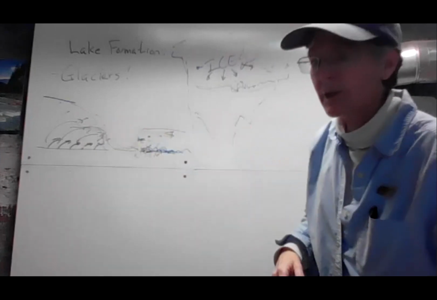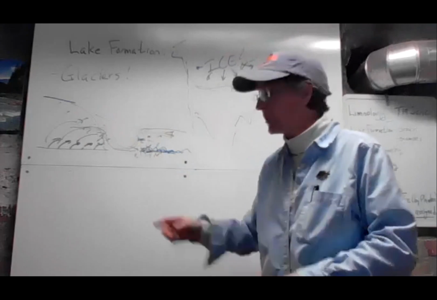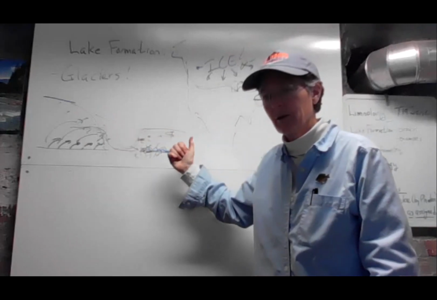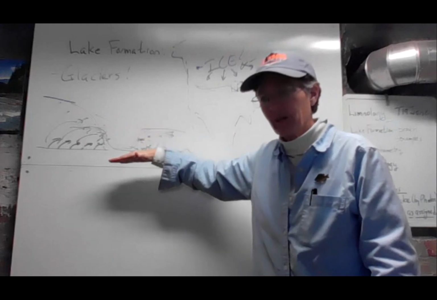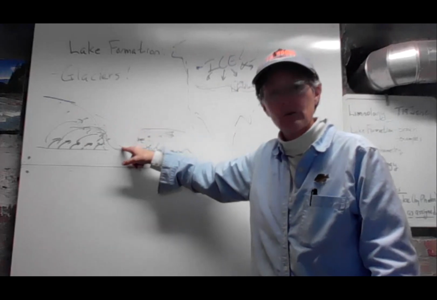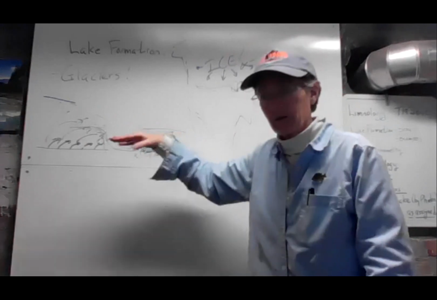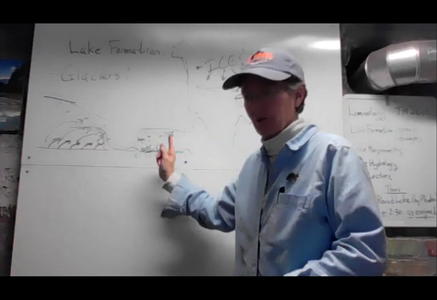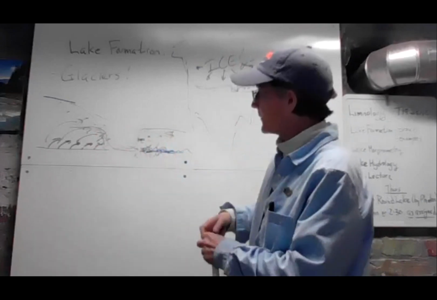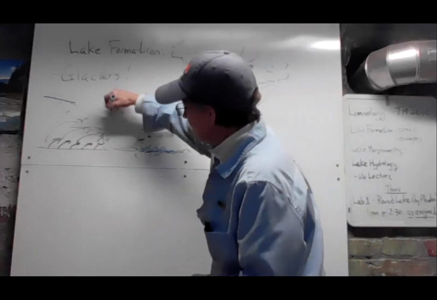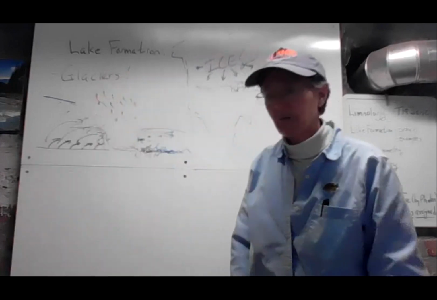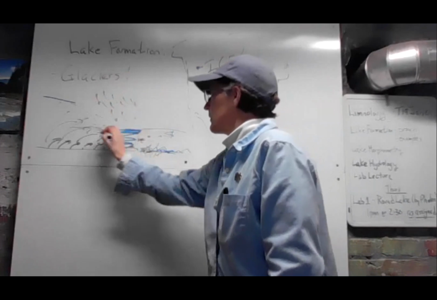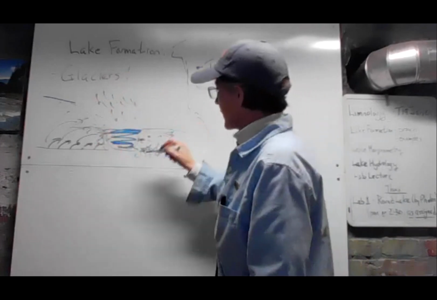There may be water in it in the beginning, but actually there isn't, because what we're saying is there was ice here, the ice melted, the ice went away, the sand and the gravel fell down, and now you've got a low spot in the landscape. If this is a low spot and it's got gravel all the way around it, it'll rain, because it rains every year, and this will fill up with water. That is a kettle.